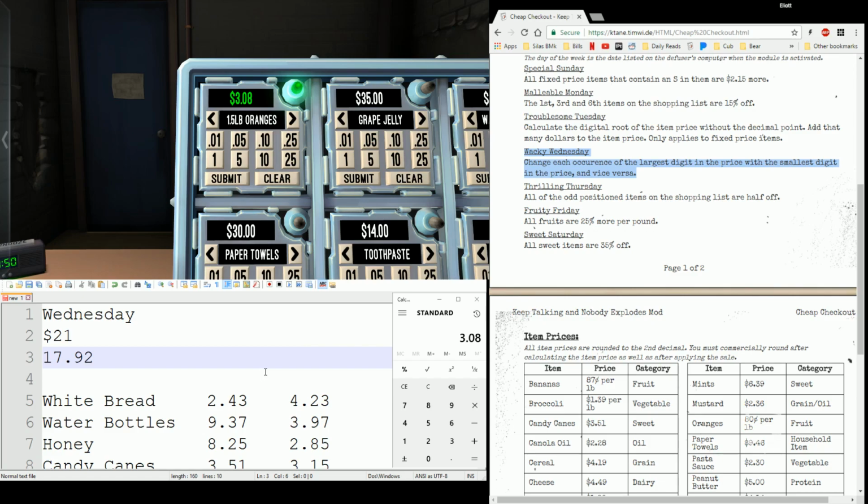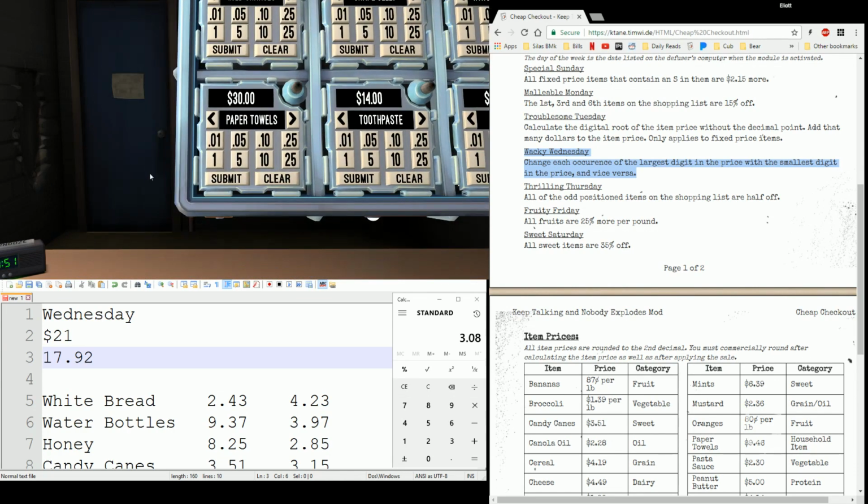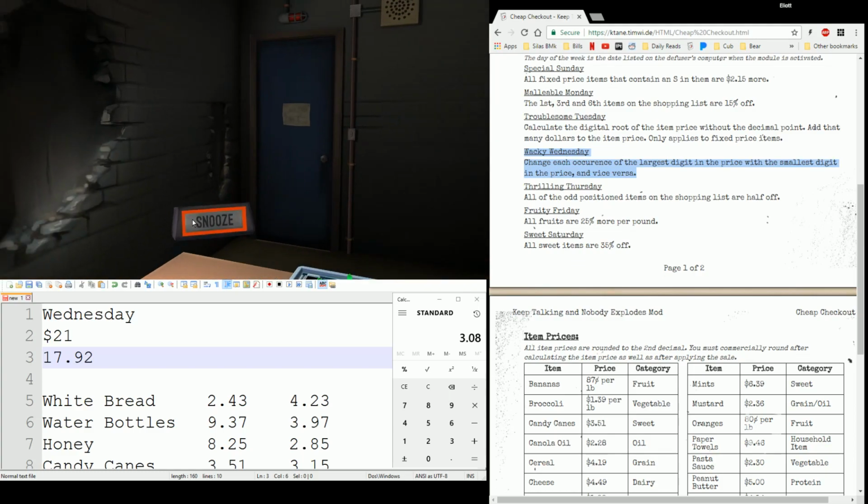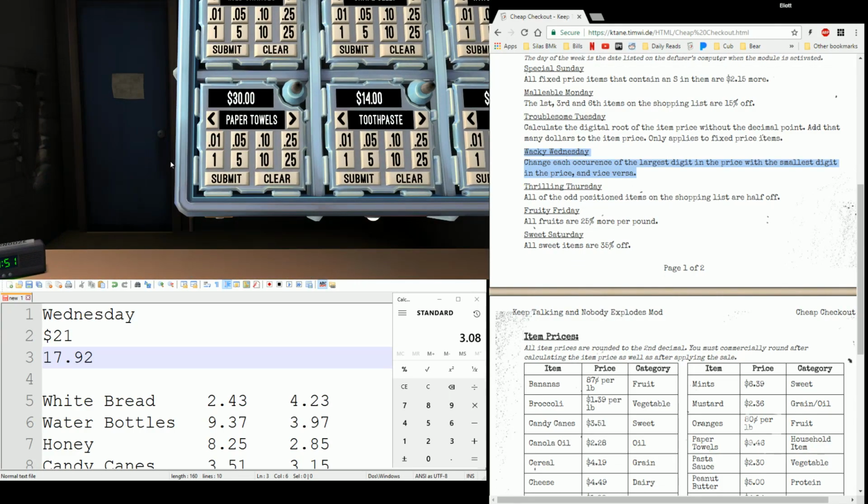Let's do one more, and I think we'll be good at that point. Let's do this one down here. For this one, let me get back to my notebook. Here we go.